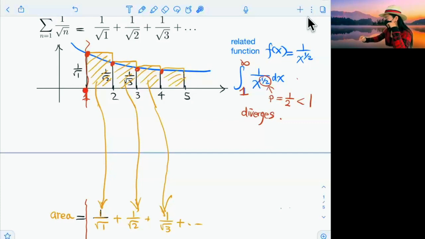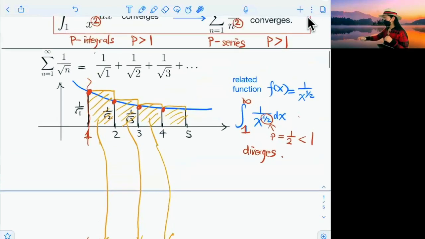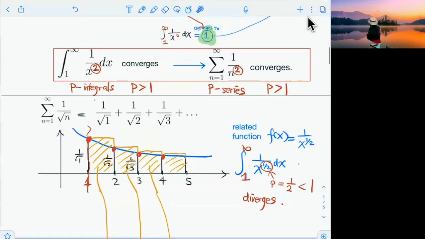The sum of those rectangles, right? Each rectangle is going to have a little bit above the curve.